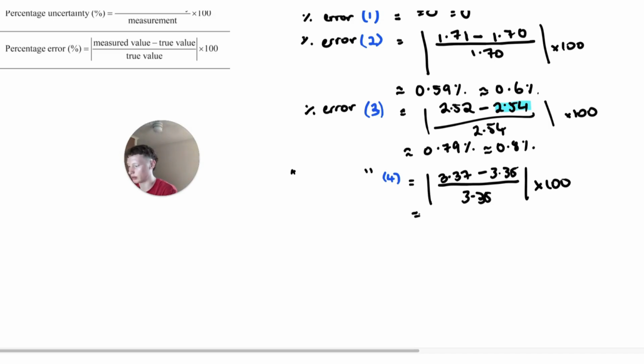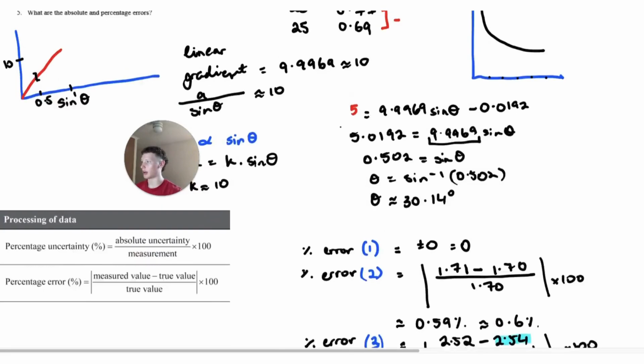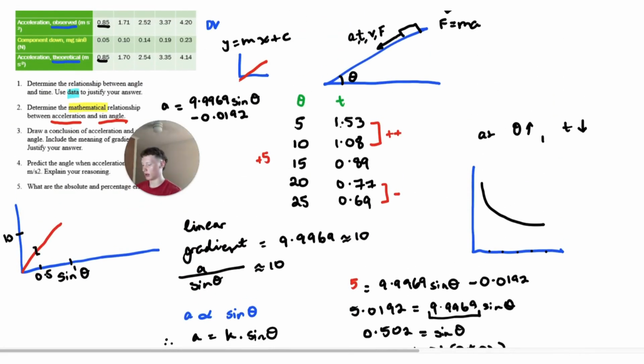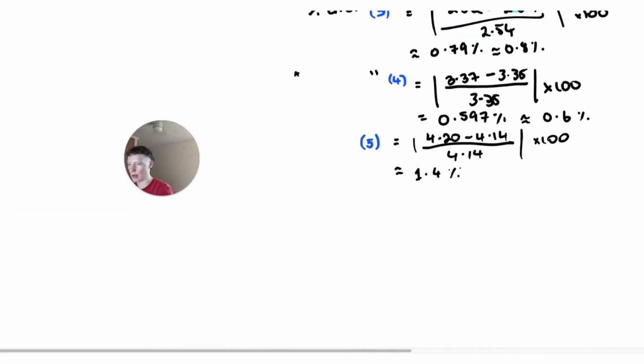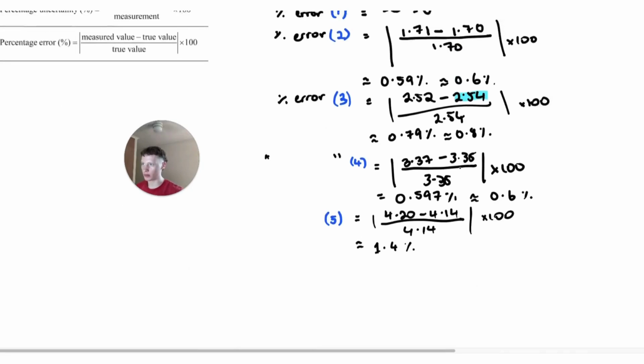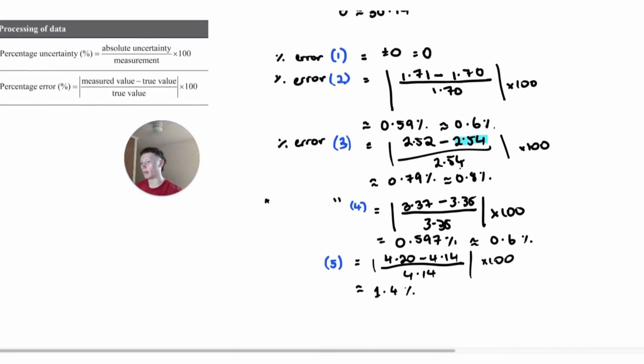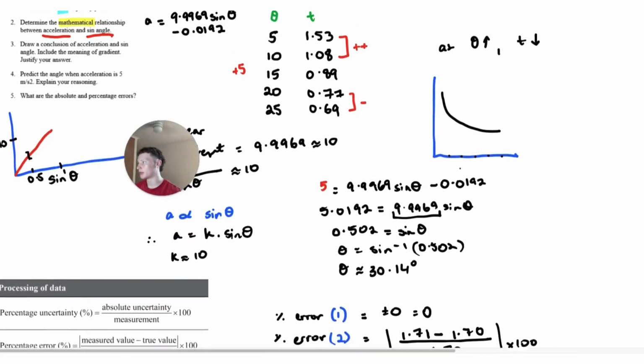Oh, no, sorry. Subtract first, and divide by 3.35, times 100. Again, that's a small one, that's 0.597%, but essentially 0.6%. And then, yeah, I think we get the idea. We can repeat it for that last one as well, which I'll do right now. Okay, so that last one got me 1.4, which is a little bit higher. But yeah, that's percentage error done.